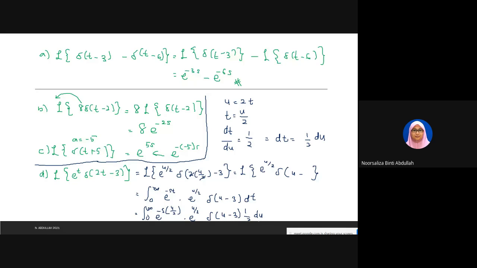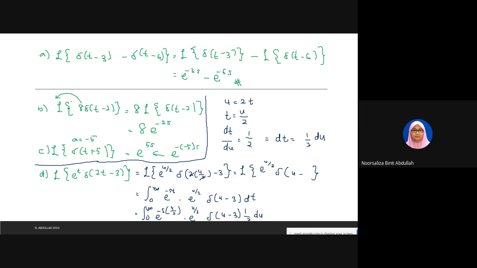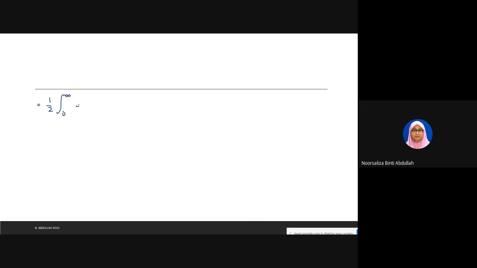Next, the one half we bring outside because it is a constant. So we have one half, integrate from 0 to infinity, and I copy again: e^(minus s u over 2) times e^(u/2) delta(u minus 3) du.